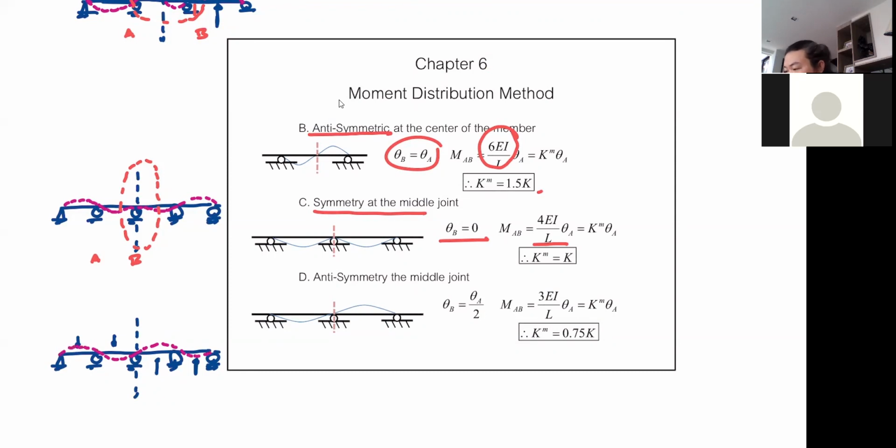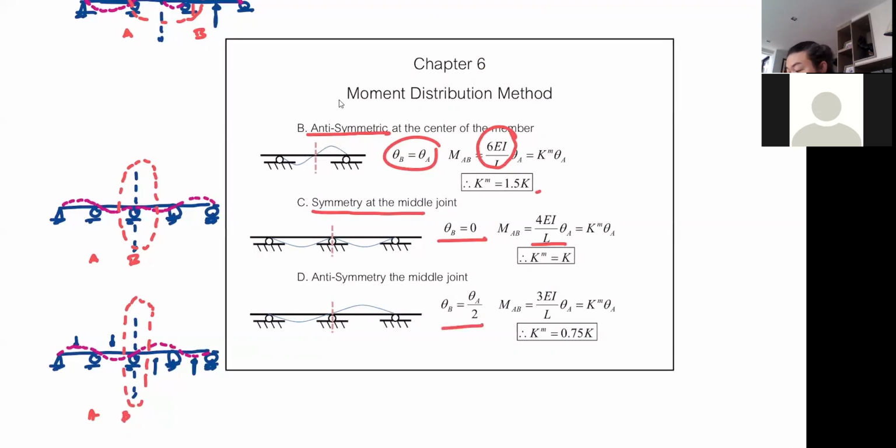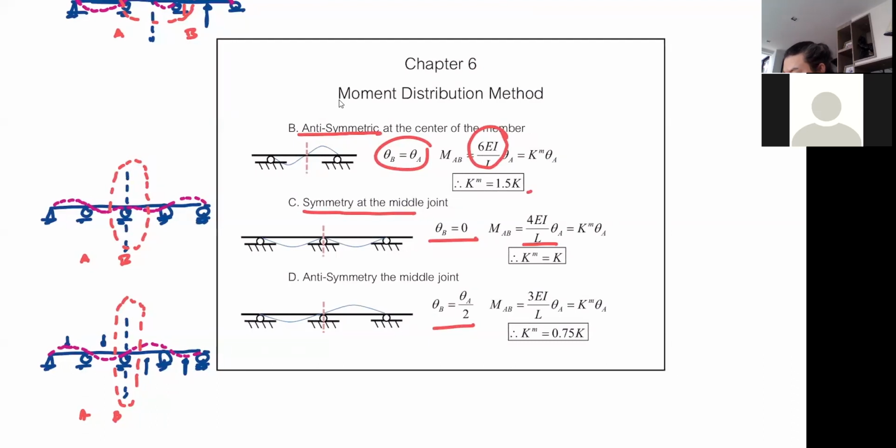Okay, again, the area of focus is here. That becomes your A and that becomes your B. Now it's pretty much like having a simple end again, right? So theta B is equal to theta A over 2, and it becomes 3EI over L. So the modification is 3/4 again.